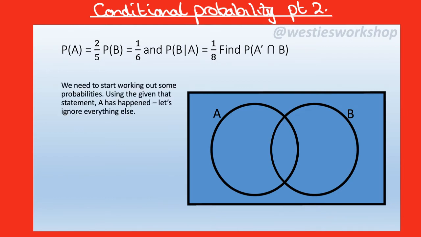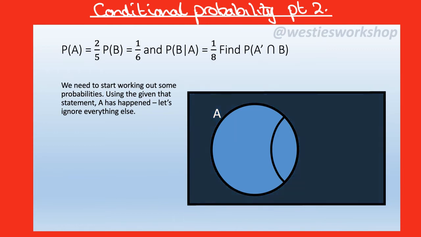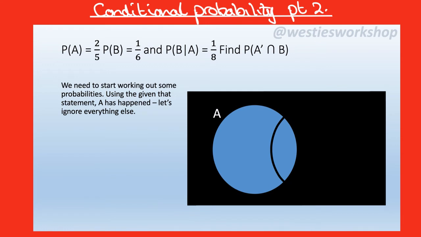We need to start working out some probabilities using the given that statement, A has happened. Let's ignore everything else. So we concentrate on circle A.